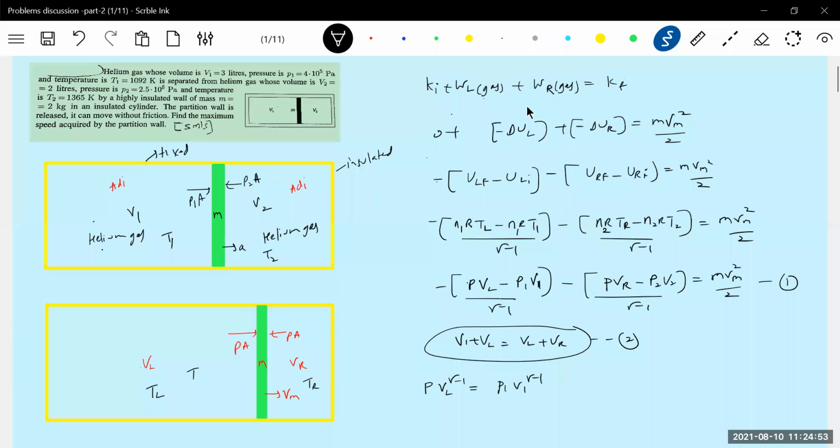Now gamma: helium is a monoatomic gas, so what is the value of gamma? Gamma will be 5/3. So the expression for P will be in terms of P1. It's a little bit lengthy calculation maybe, but still we can manage.